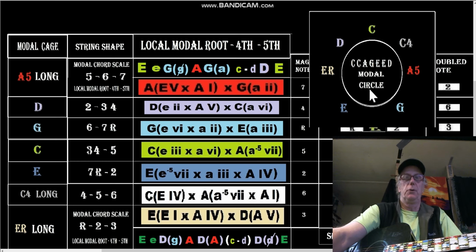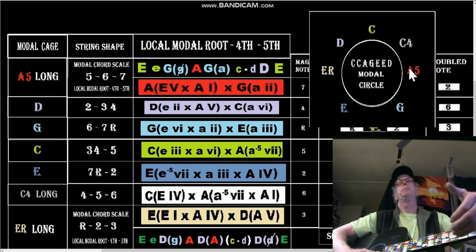If it was the short patterns, normal cage system would say C, A, G, E, D. So to skip one string to the other, the C string would skip the A and go to the G, which is its 5th. Then we'd skip the E and go to the D, which is its 5th. Then we'd skip the C and go to the A, which is a 5th of D is A. That would be how you build a pattern.